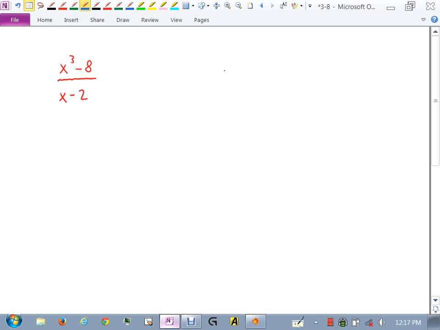All right, let's start with the synthetic division box. What are the coefficients for that numerator that goes in there? 1, 0, 0, -8. Now, what happens if you forget?